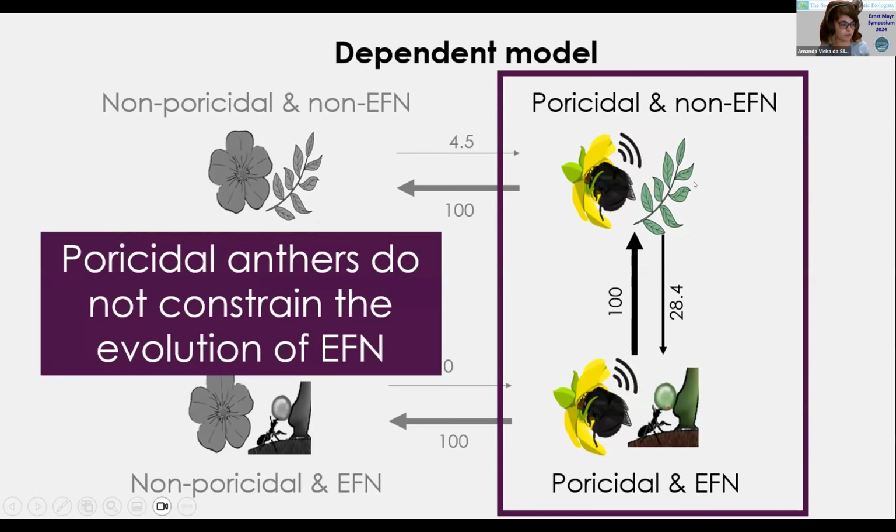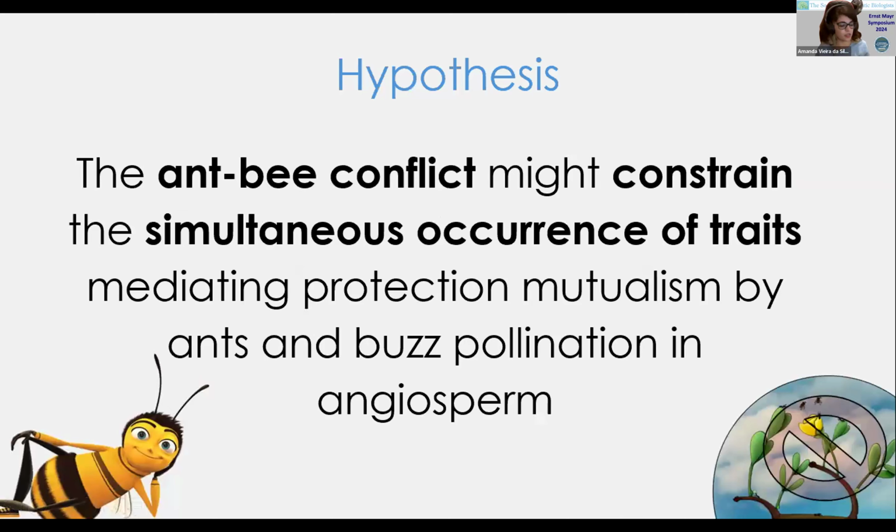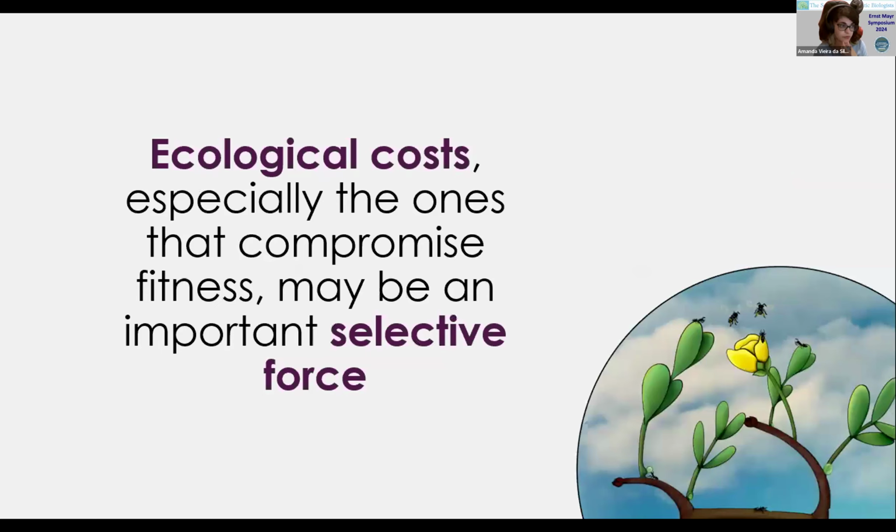And so the evolution of poricidal anthers does not constrain the evolution of extrafloral nectaries, as we can see here. So we corroborated our hypothesis that this conflict between ants and bees might constrain the simultaneous occurrence of traits mediating this protection by ants and buzz pollination in angiosperms.